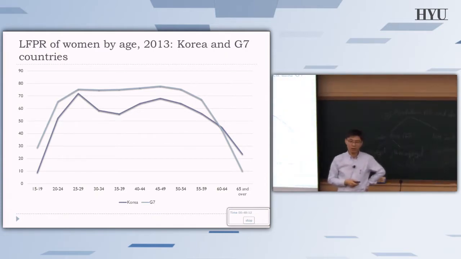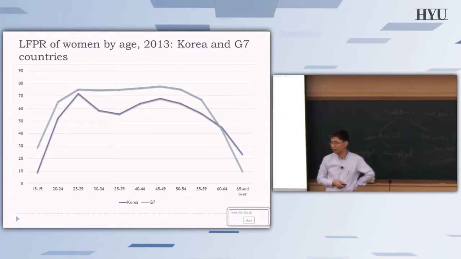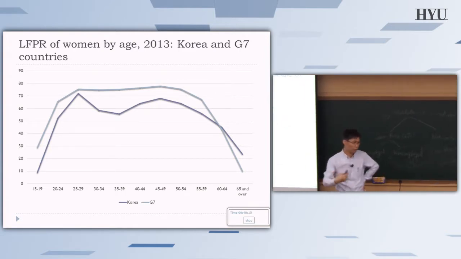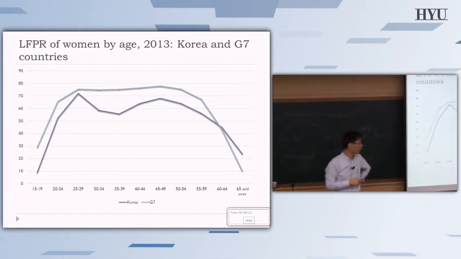You will have lots of difficulty finding a job as good as you had before you dropped out of the labor force. So it can be quite difficult for women. There are lots of things arising from this, and I will talk about it a little more later.